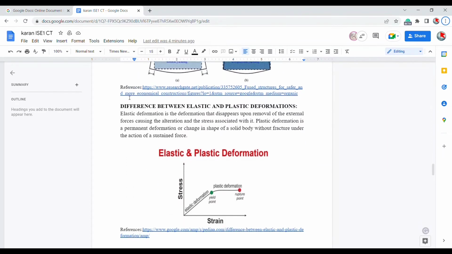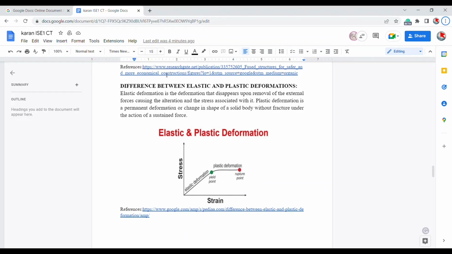Now we will see what is the difference between elastic and plastic deformations. The main difference is that plastic deformation is permanent deformation in concrete, and elastic deformation is temporary deformation in concrete. That means after elastic deformation, the concrete will again gain its original shape and size, but after plastic deformation it will not.